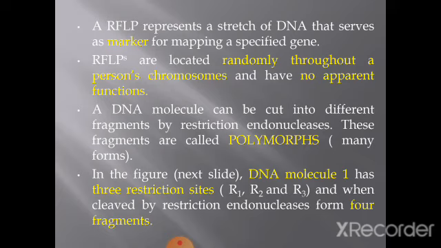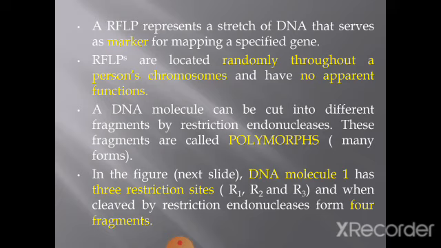Then length: the length of restriction fragments after digesting the DNA using restriction endonucleases. And polymorphism. Poly means many, morpha means appear, many forms.